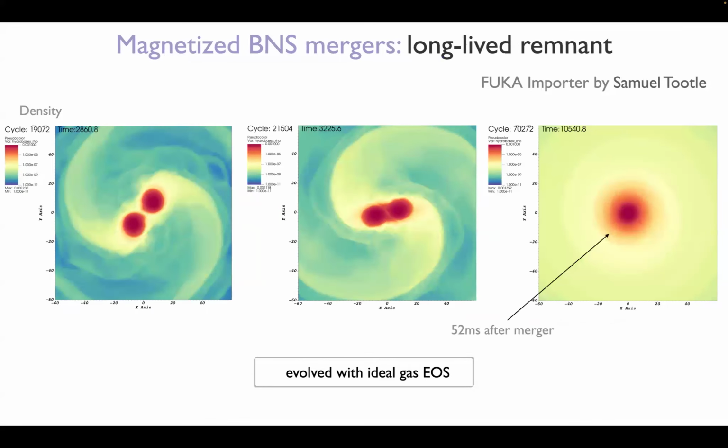Whereas we also explored the long-lived remnant case, where the merger leads to a metastable neutron star that survives much longer and does not collapse. So this is about say 52 milliseconds after merger.